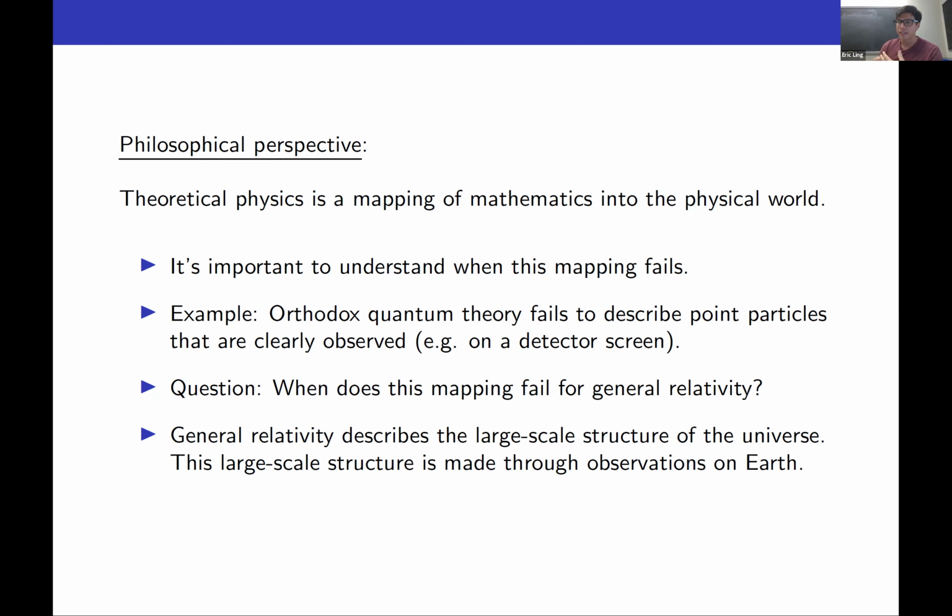We look at the orbits of planets around the sun, we observe light from distant galaxies. All of these observations are done through Earth. So if we want to ask when this mapping fails for general relativity, we have to think about it in the lens of the observers on Earth. This is all we are, just humans on Earth that make observations.